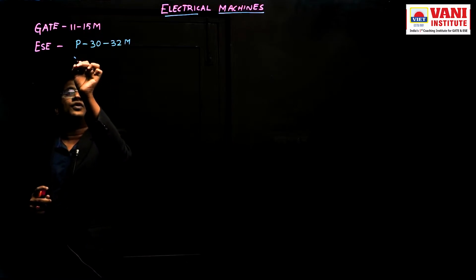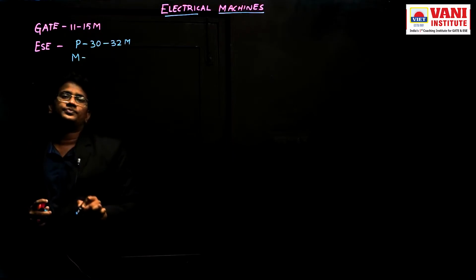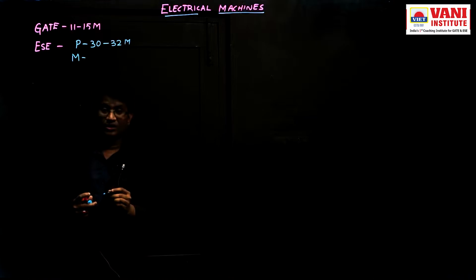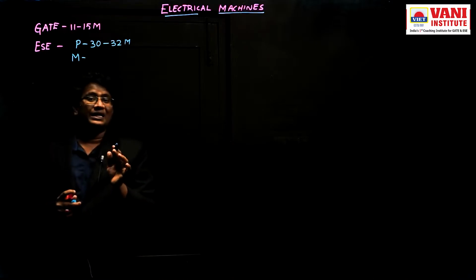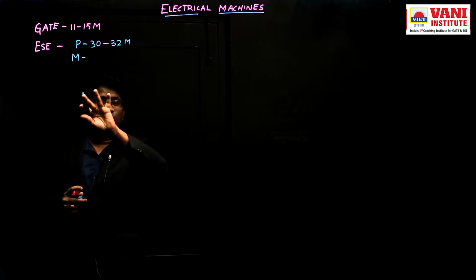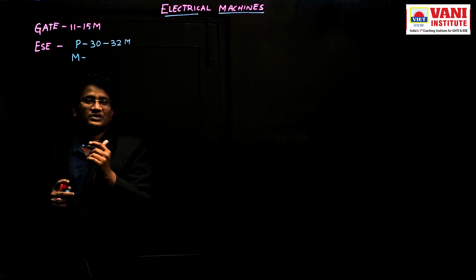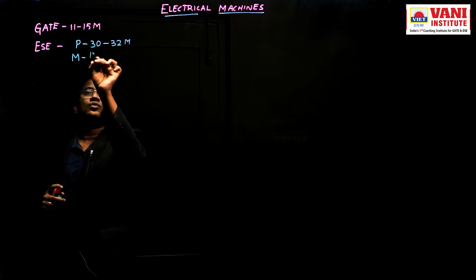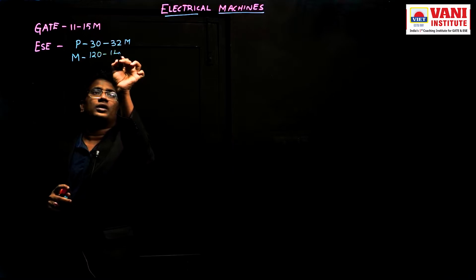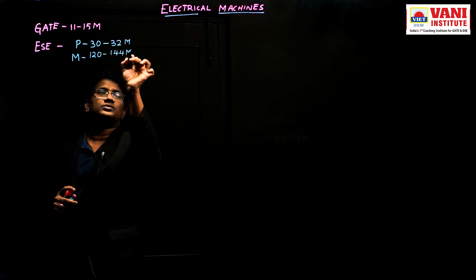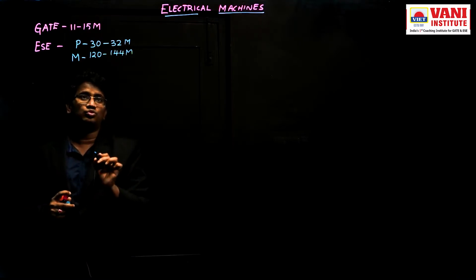And when it comes to the mains examination, if you see the last 2 years, 2020 and 2021 together, you got around 120 to 144 marks. This is very huge.